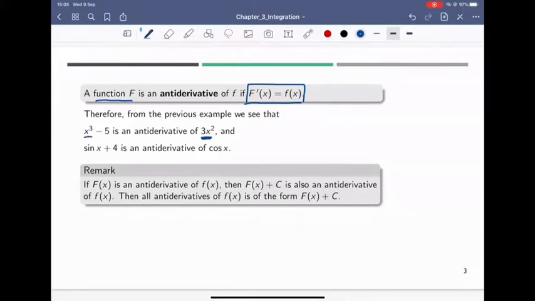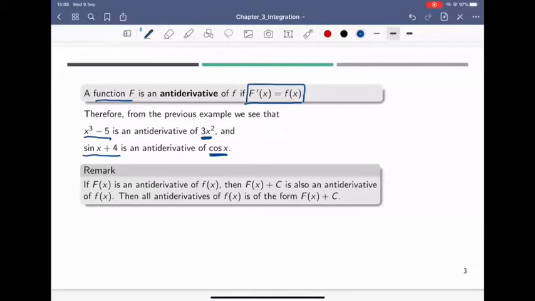One of them is x cubed minus 5. Another one could be x cubed plus 1, could be x cubed plus 1/3. And the antiderivative of cosine x could be sine x plus 4 and could be sine x plus any constant.